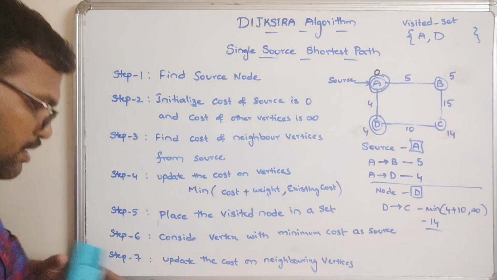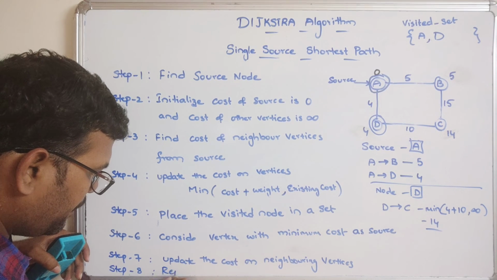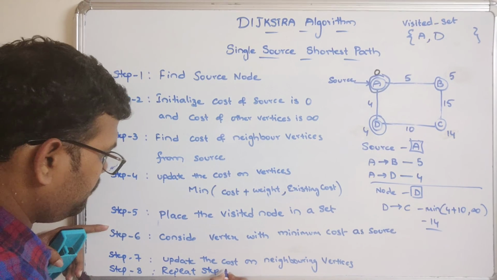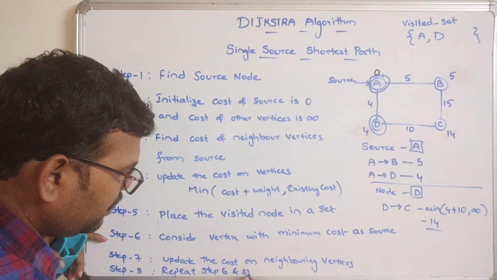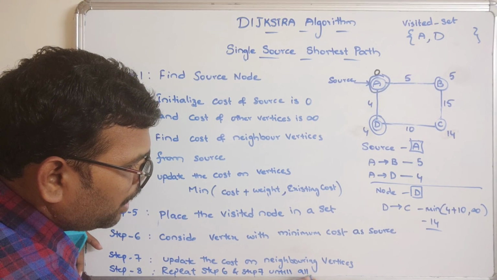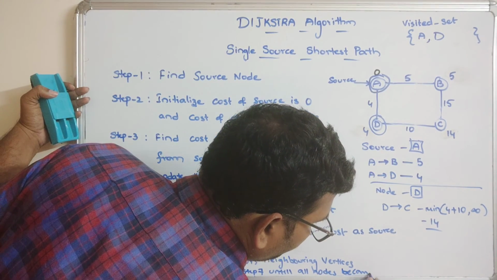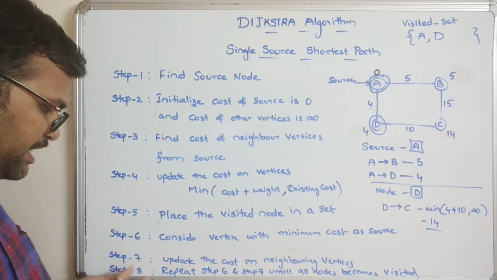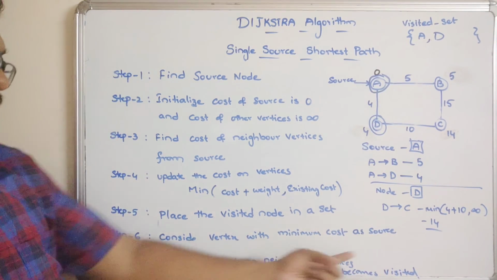Repeat step 6 and step 7 until all nodes become visited. So we have to repeat the same steps. So what is the step 6 after step 7? Consider vertex with the minimum cost as a source.